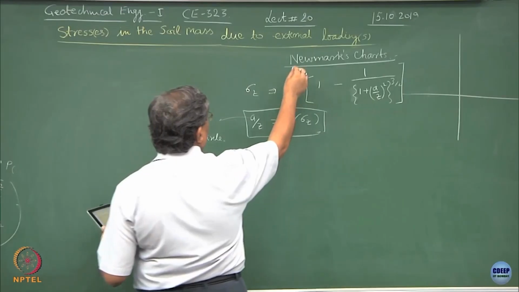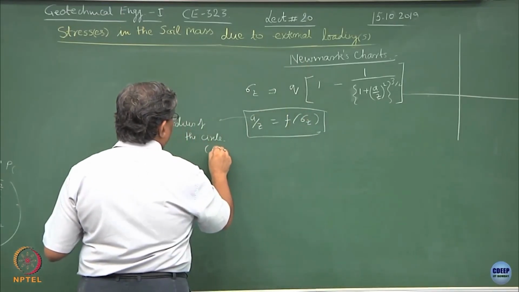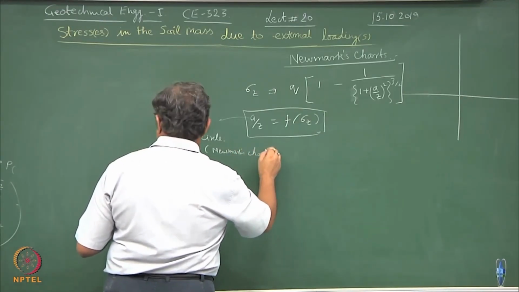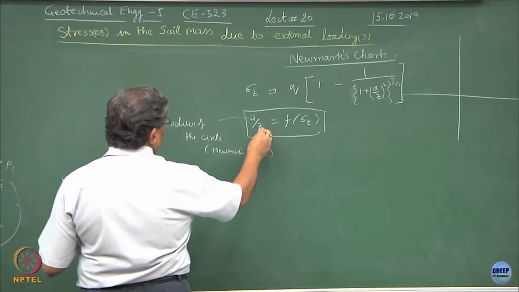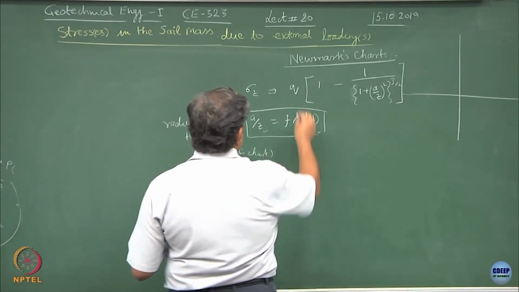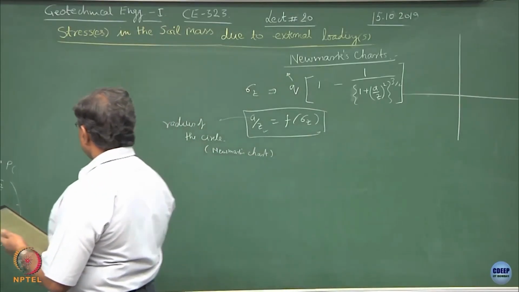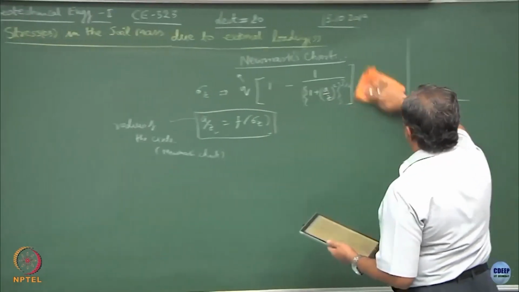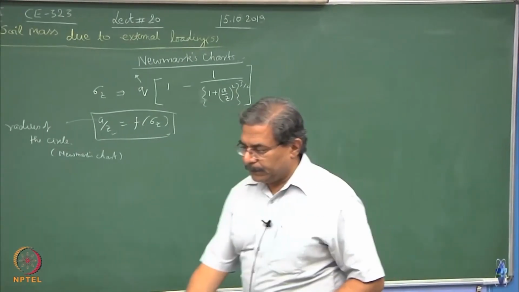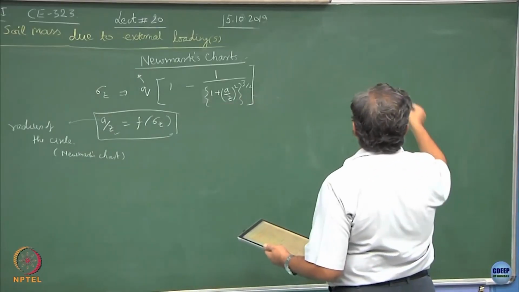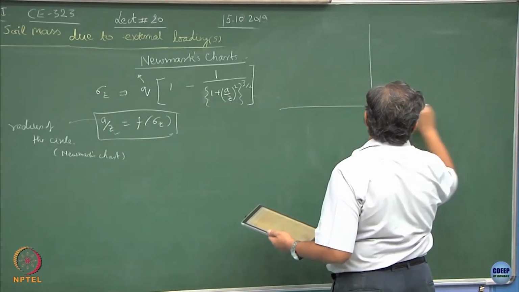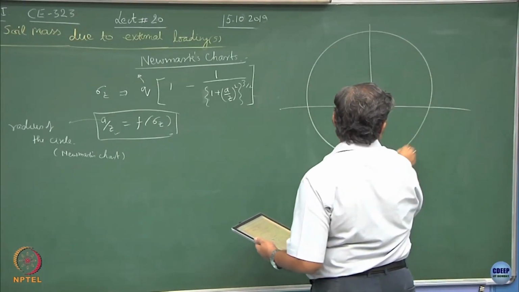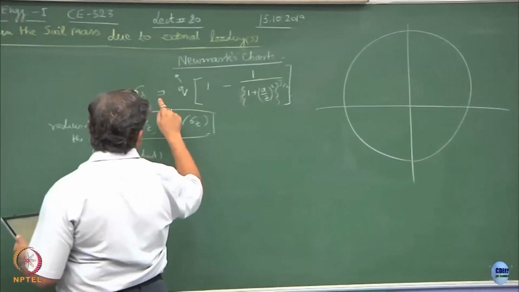This is the Newmark's chart. Depth remains the same, and q is the pressure intensity. What we do here, suppose this is the whole area which is defined by this equation.